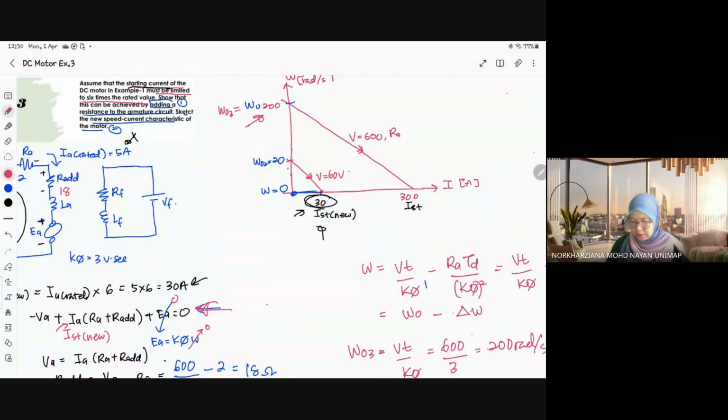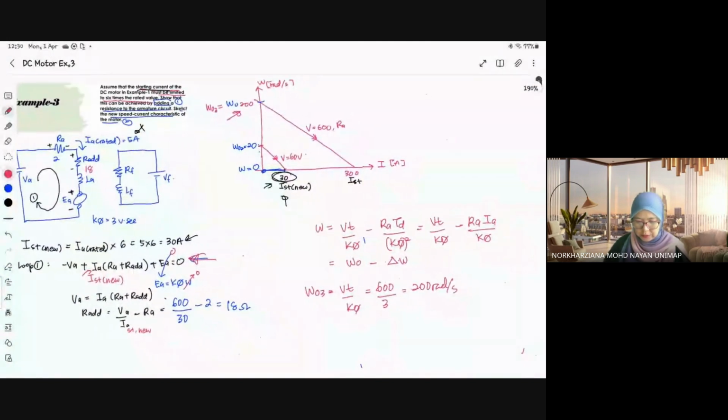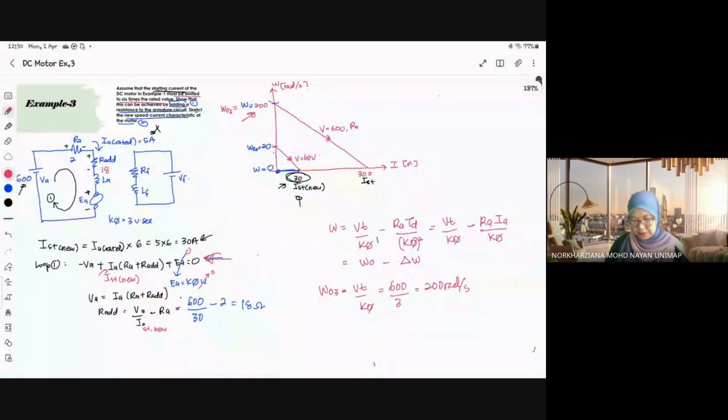Now for omega naught 3, for additional resistance: we calculated that this one is 200 here, and the point for starting current is here.